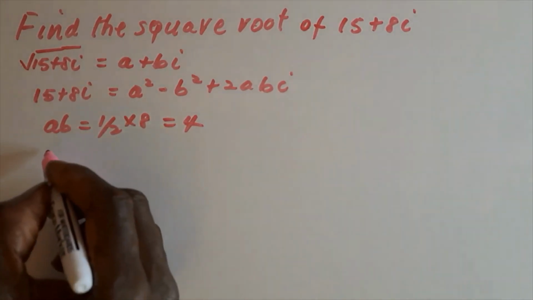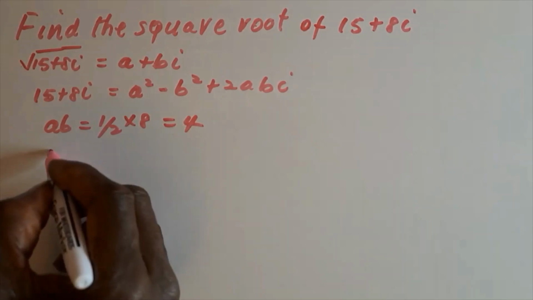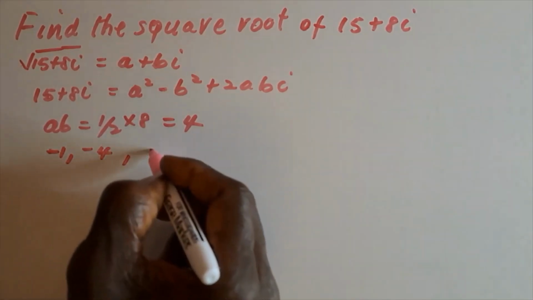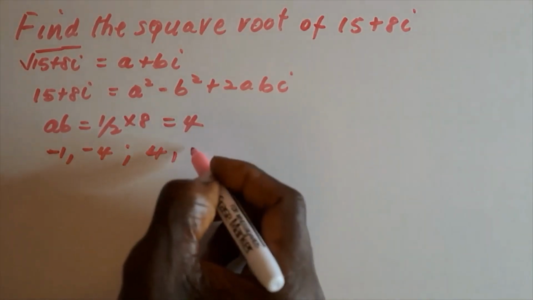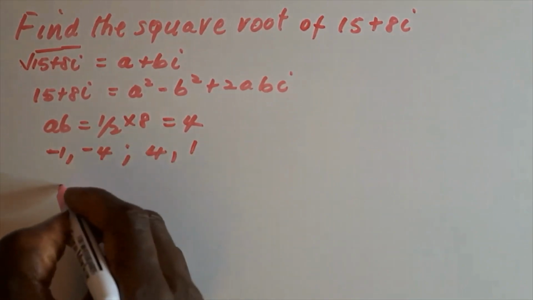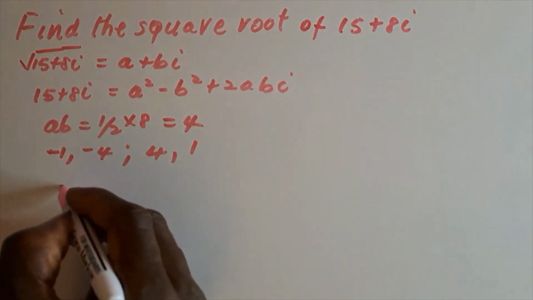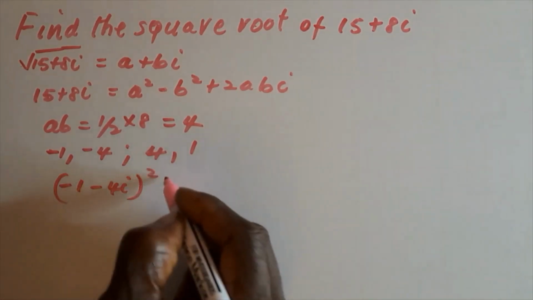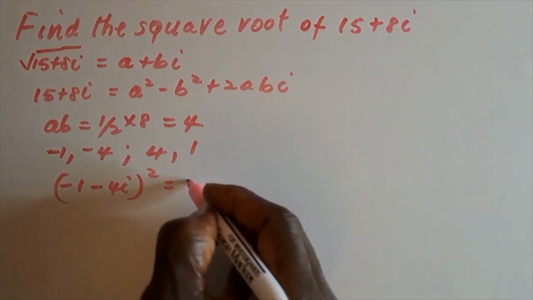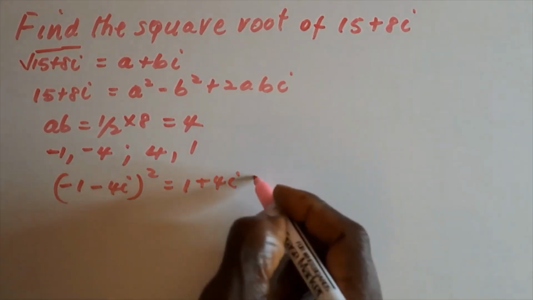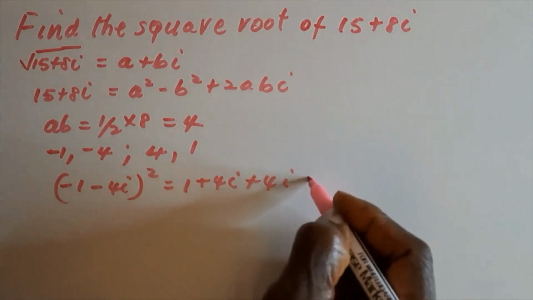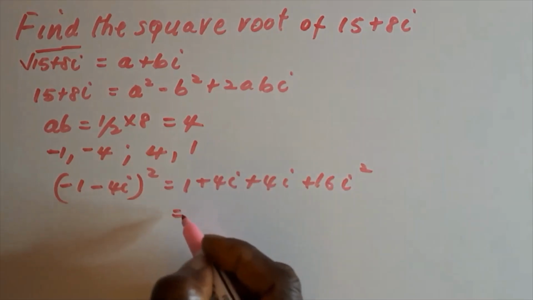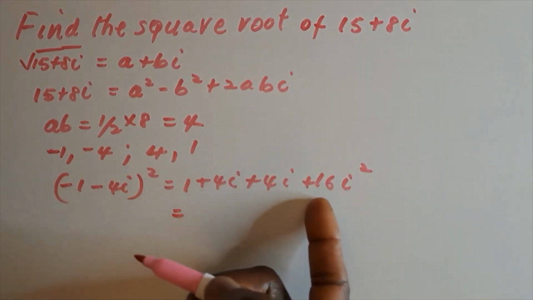So possible values of a and b are -1, -4, and 4 and 1. And we can check this. You can write these as complex numbers. -1 minus 4i. We square that. We have 1 add 4i add 4i add 16i squared. And this i squared is -1, so this becomes -16.